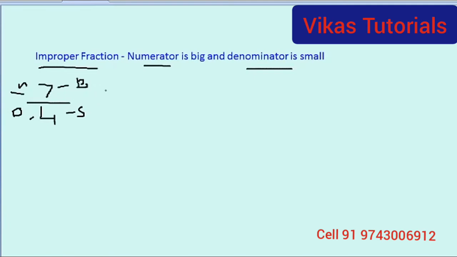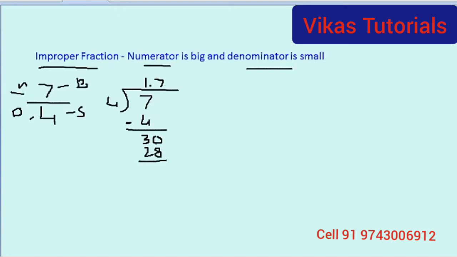Now let's perform the long division method and see how this looks in decimals. 7 divided by 4. 4 ones are 4. 7 minus 4 is 3. Now the remainder is smaller than the divisor, so we put a point here and write a 0. Now if you read the table of 4, 4 sevens are 28.